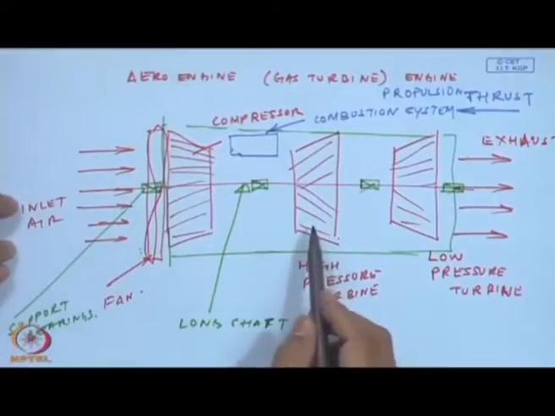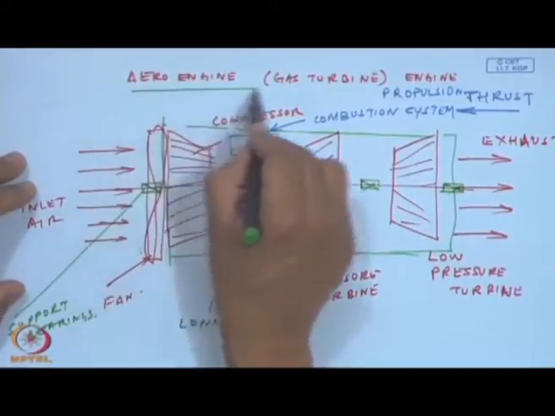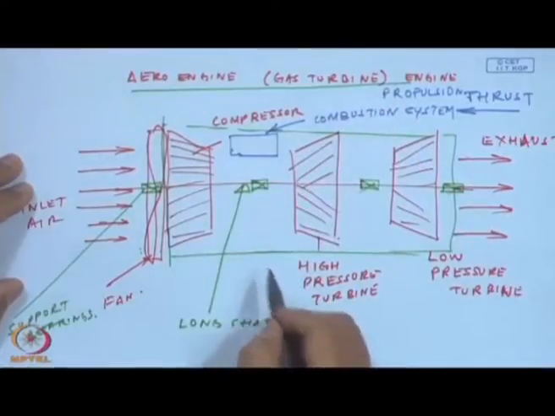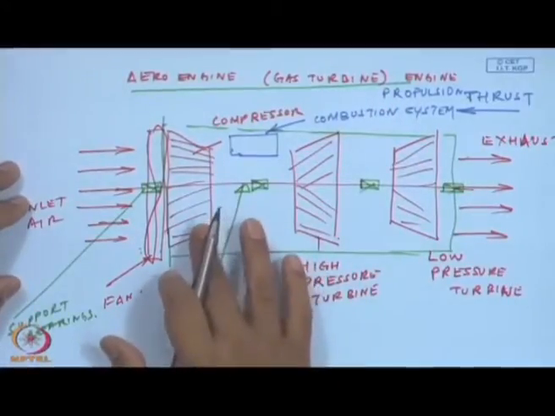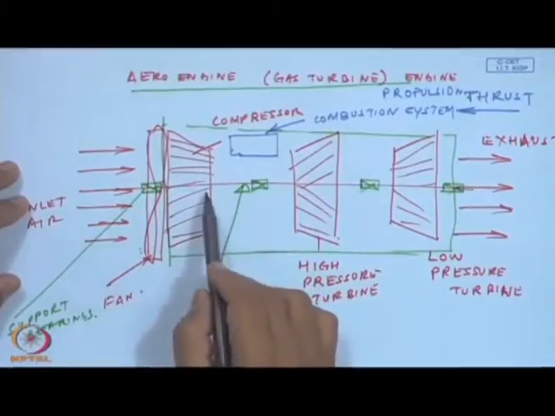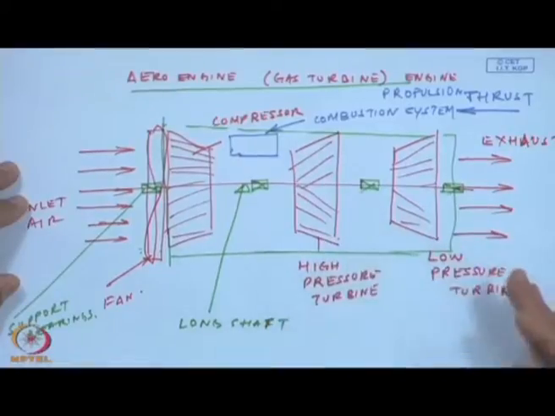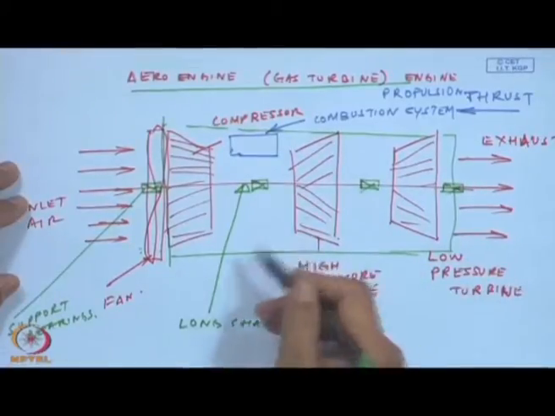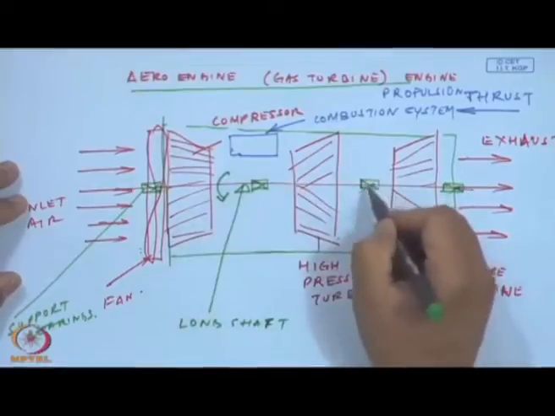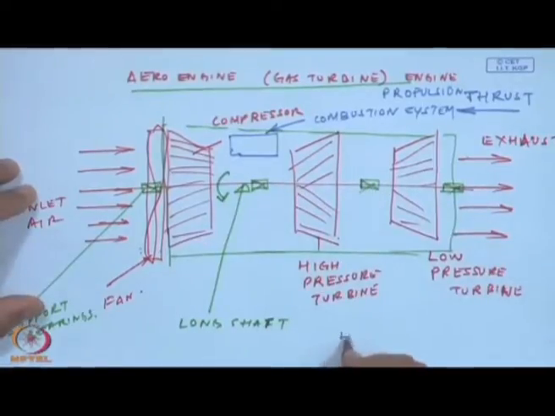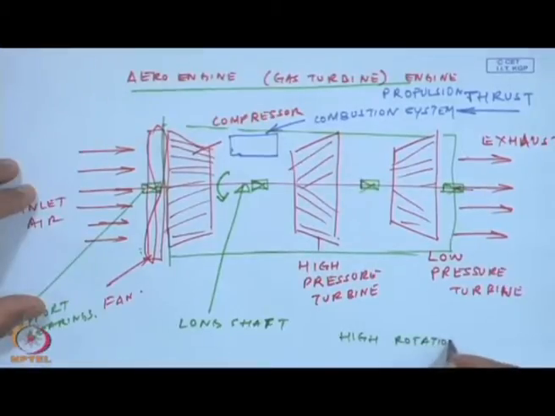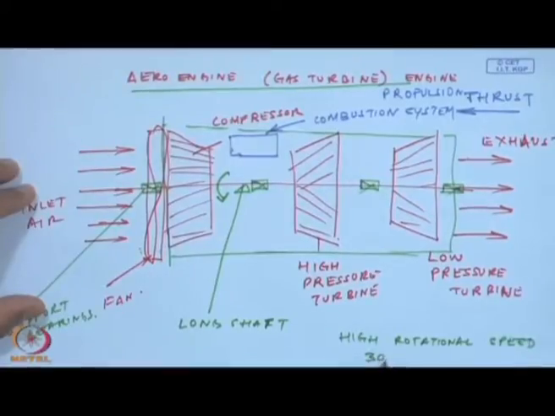So, a typical gas turbine engine has this kind of configuration, wherein on a long shaft I have a compressor followed by a couple of high pressure turbines and low pressure turbines, and each of these systems rotates at a very high rotational speed, typically of the order of 30,000, 40,000 RPM.